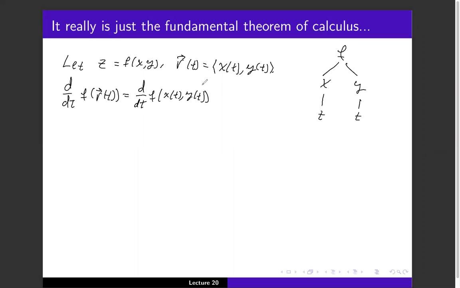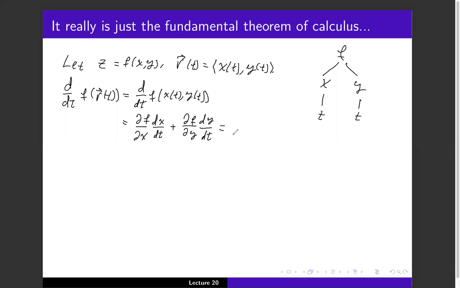Thinking all the way back to chapter 14, you can do this using the chain rule, right? This is the partial derivative of f with respect to x times the derivative of x with respect to t plus the partial derivative of f with respect to y times the derivative of y with respect to t. Again, that's just the chain rule that we saw before.